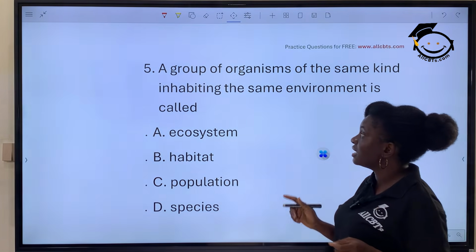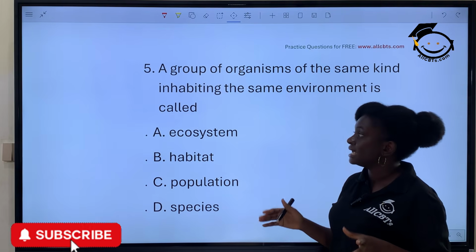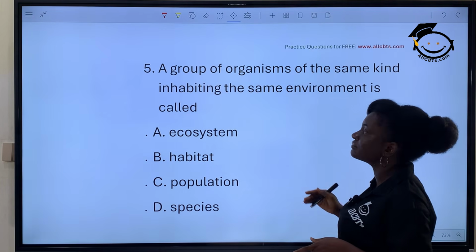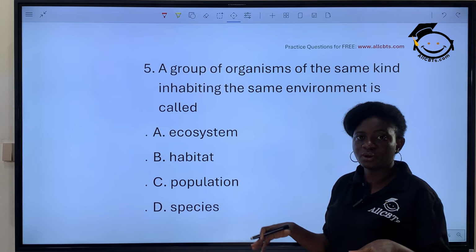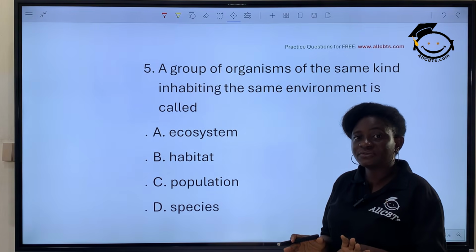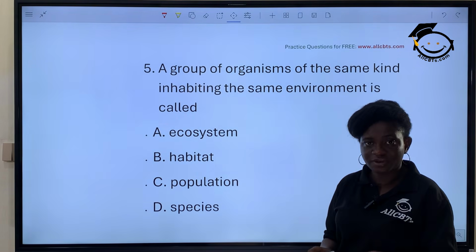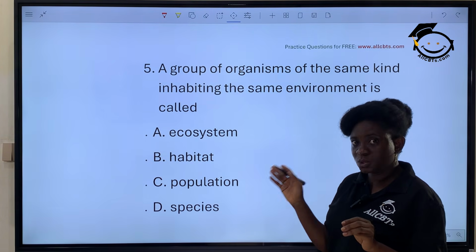Question 5. A group of organisms of the same kind inhabiting the same environment is called, you have a group of organisms of the same kind, of the same species that live in a particular environment. What are they called? Let's look at the options.